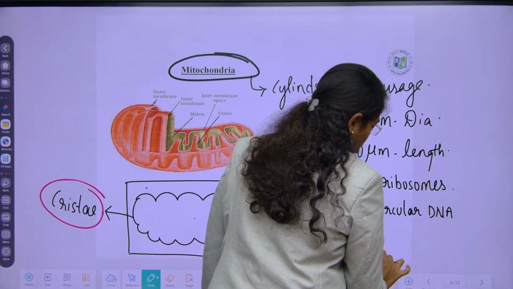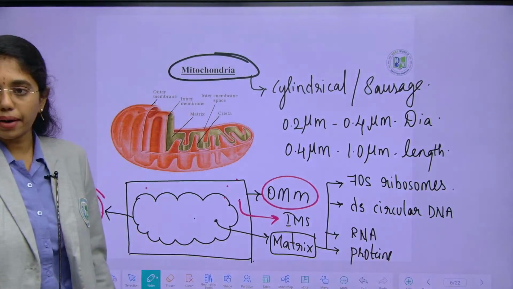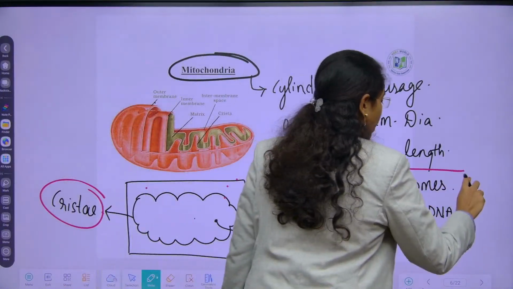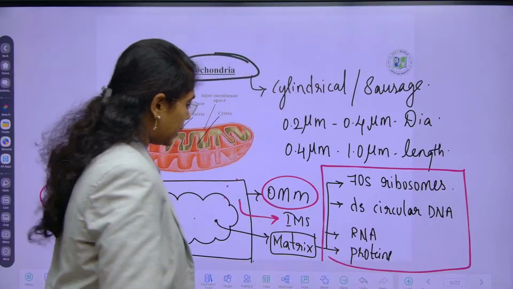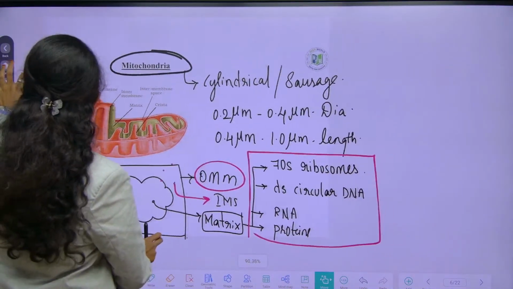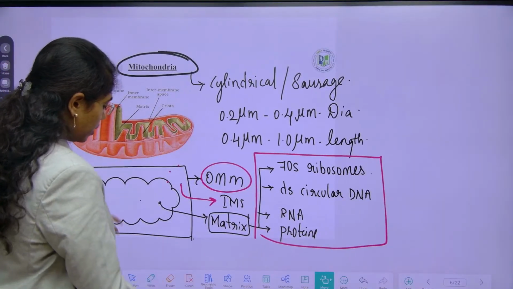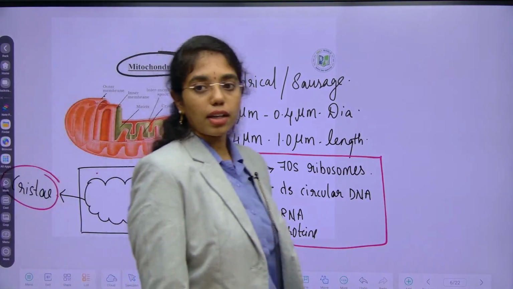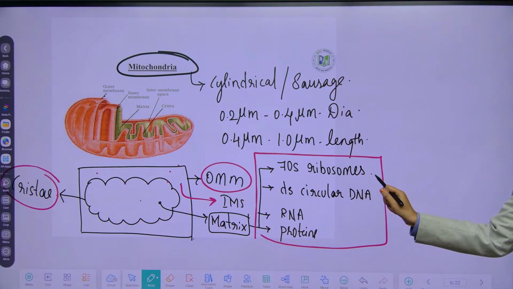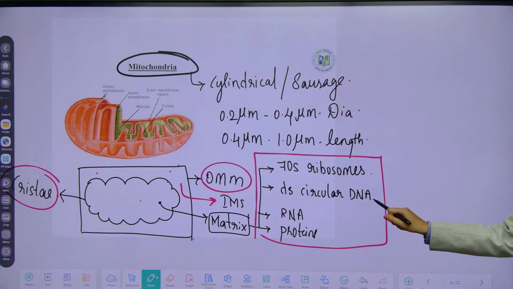These are the components of what? Mitochondrial matrix. And can you see any similarity of mitochondria with a prokaryotic cell here? What are they? 70S ribosomes, you find them in a prokaryotic cell as well, and double stranded circular DNA.